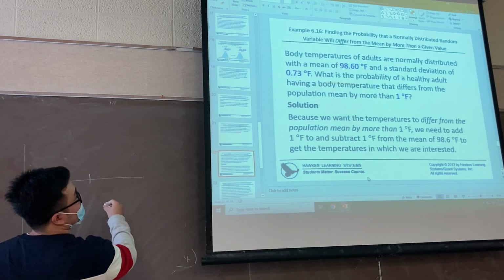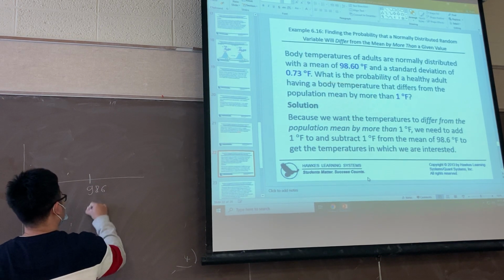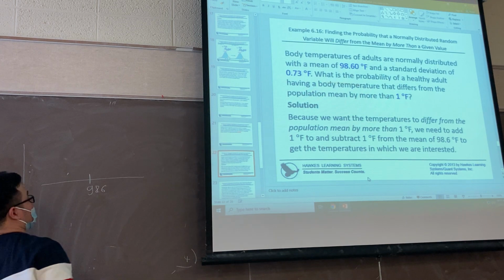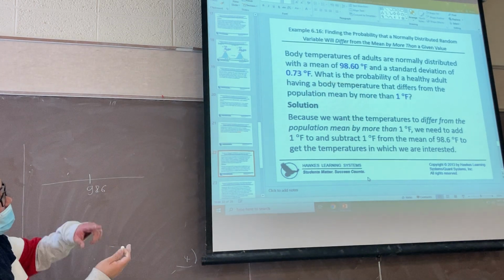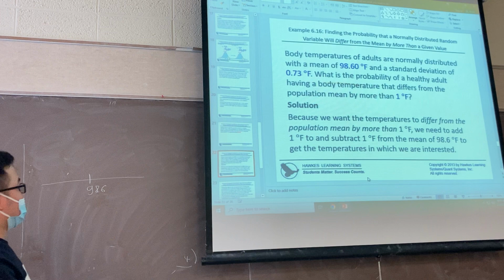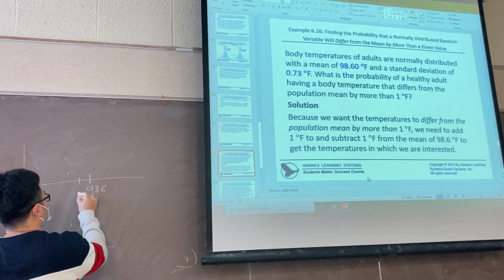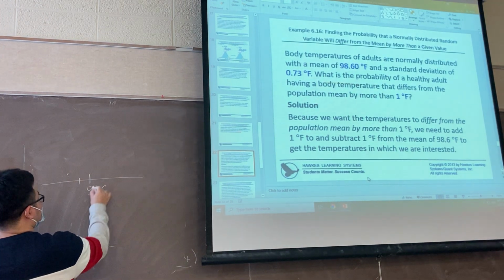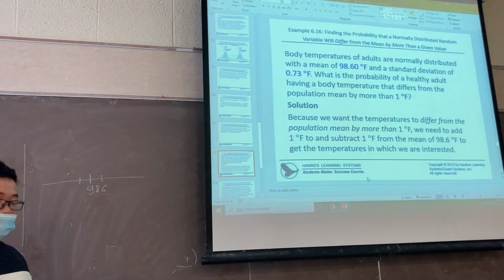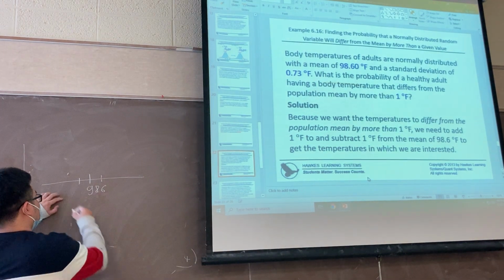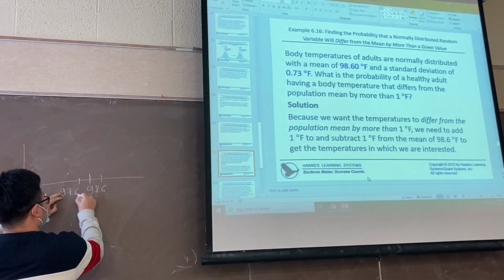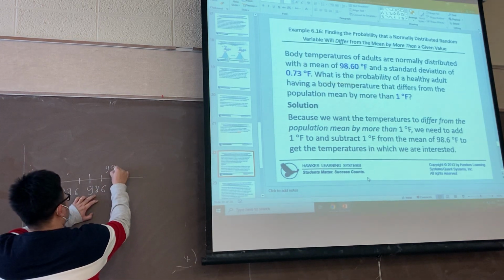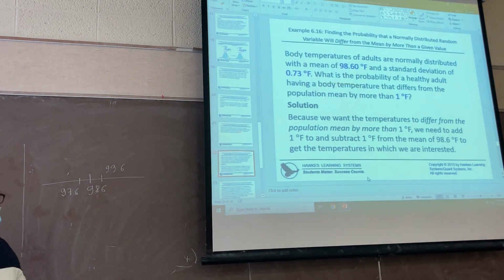The mean here is 98.6, right? This is the mean, and they ask you about values that differ from the population mean by 1. So you minus 1 and you plus 1. When you minus 1, it is 97.6, and when you plus 1 it is 99.6.